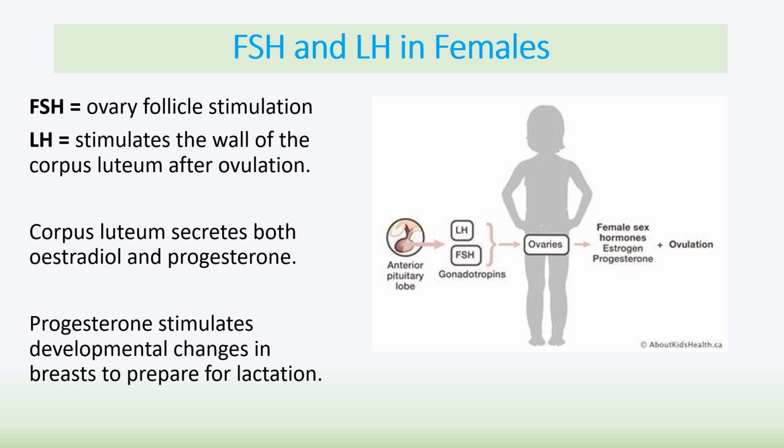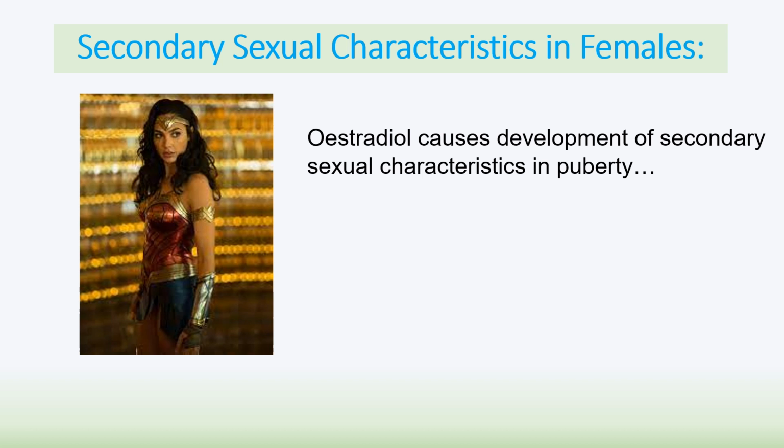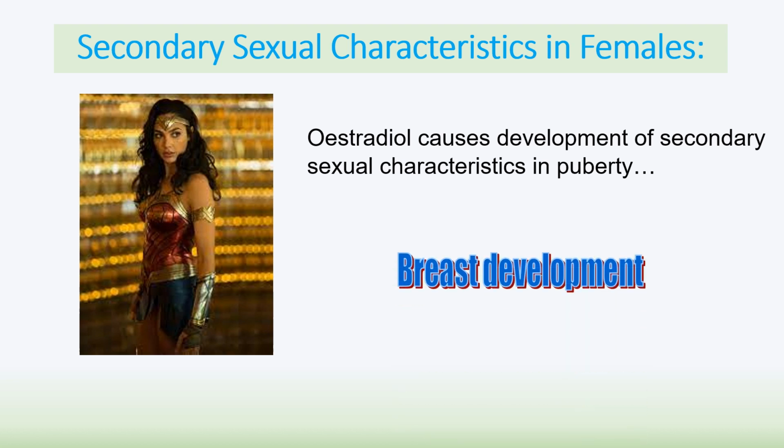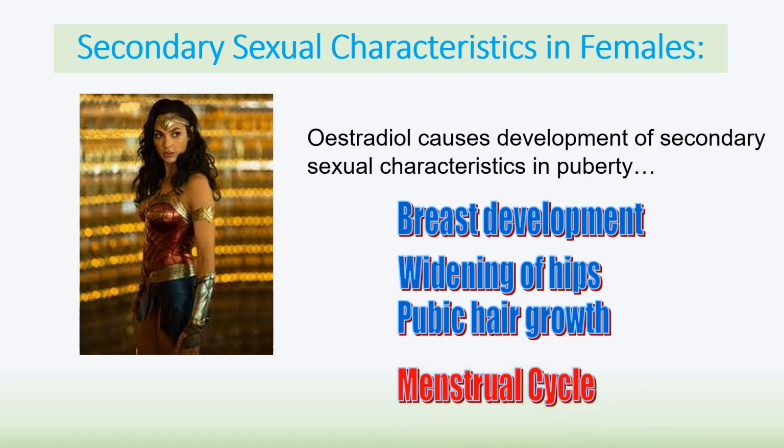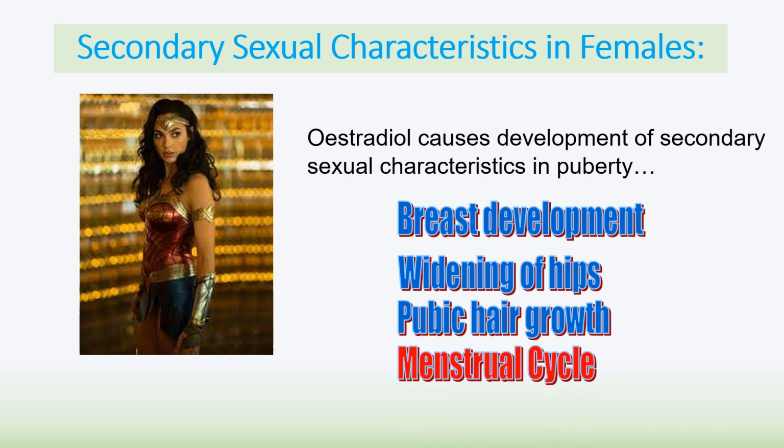The pituitary gland releases these two hormones, which go to the ovaries, causing the corpus luteum to secrete estradiol and progesterone, which then have important roles later on in ovulation, but also in development of breast to allow lactation. The secondary sexual characteristics then are caused by the estradiol, including breast development, widening of hips, pubic hair growth, and allowing the menstrual cycle to proceed, allowing fertilization of the egg.